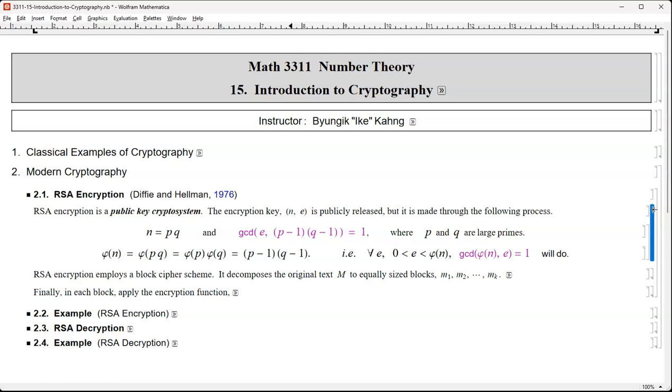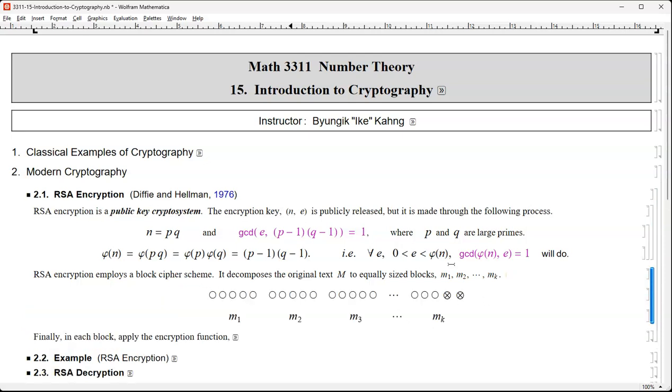And then here's one more preparation. RSA encryption employs a block cipher system, so it decomposes the original text, capital M, into equally sized blocks, M1, M2, M3, and so on. Kind of like this. And if the last block lacks some characters, you can put any meaningless stuff in there and create the final block.